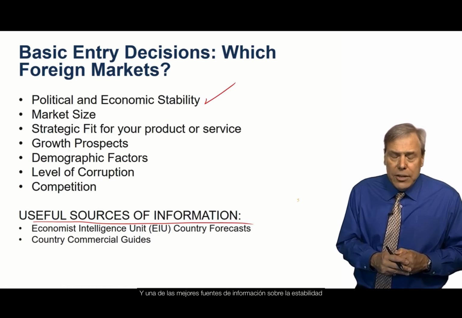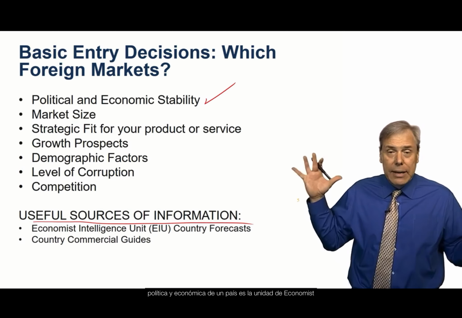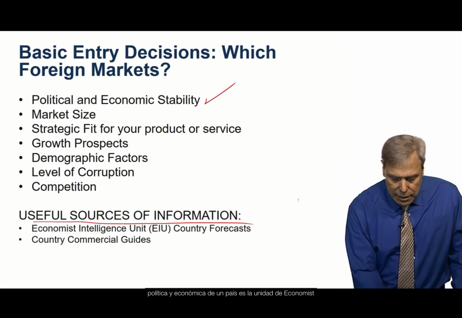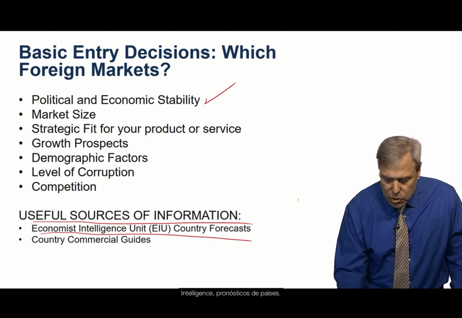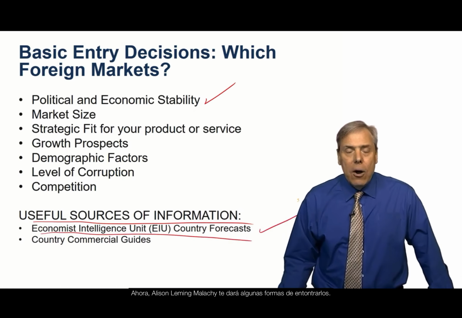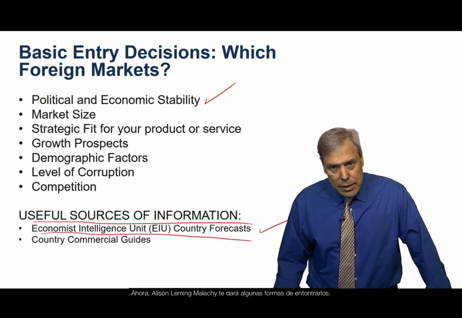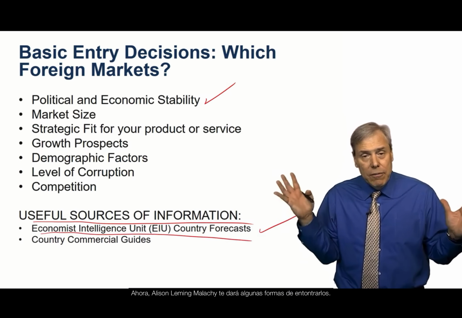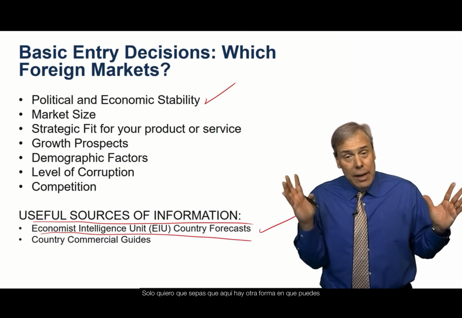And one of the best sources of information on political and economic stability in a country is the Economist Intelligence Unit Country Forecasts. Now, Alison Leeming-Maliki will give you some ways of how to find these. I just want to let you know, here's another way.